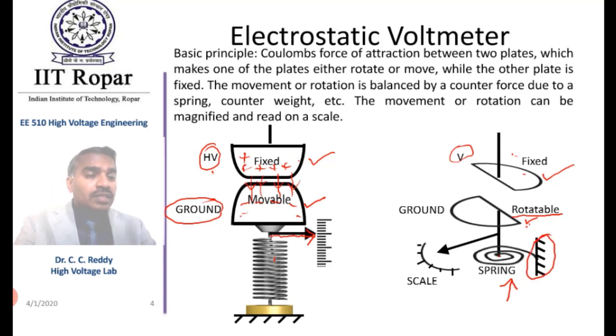On the other side, it is connected to the rotating electrode. This spring is called a torsional spring. This will also rotate when the voltage is applied here.